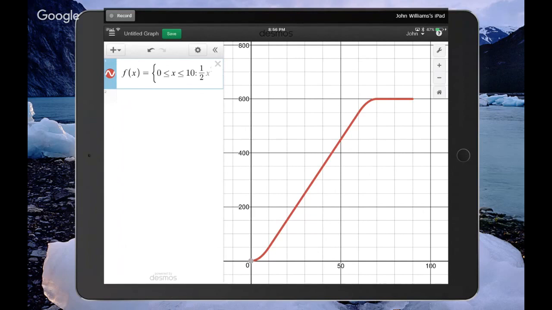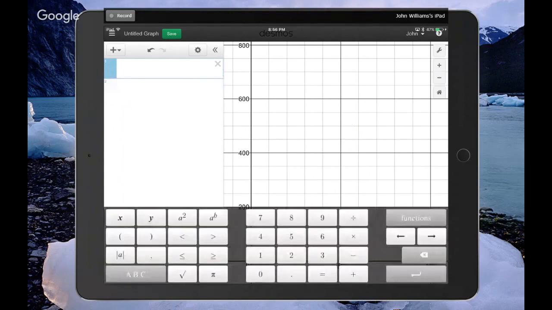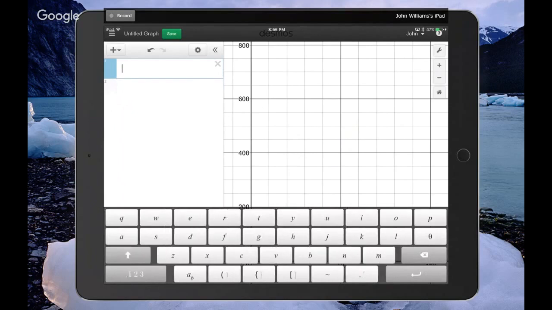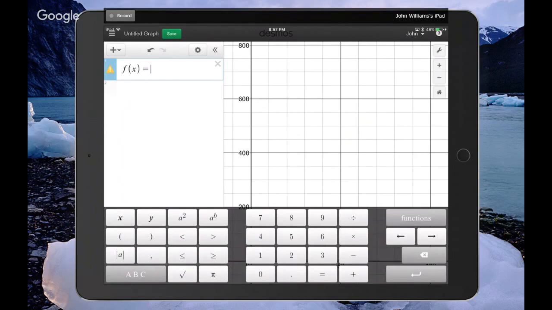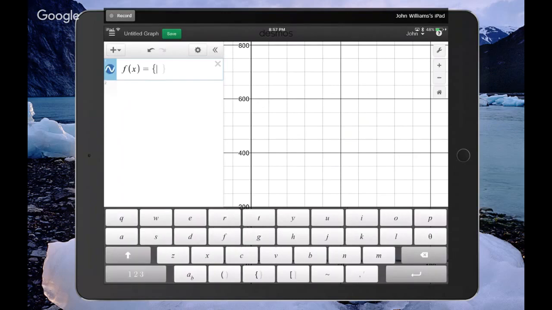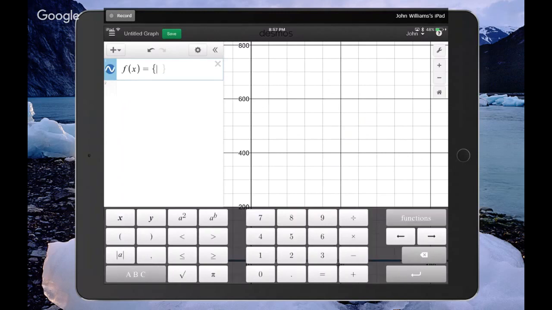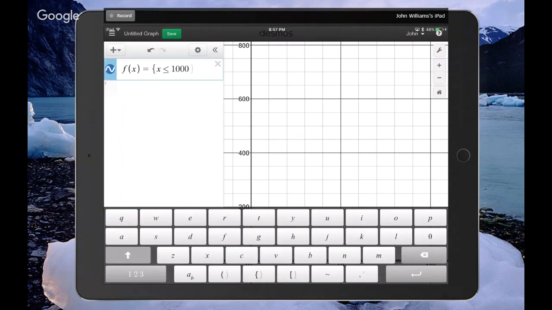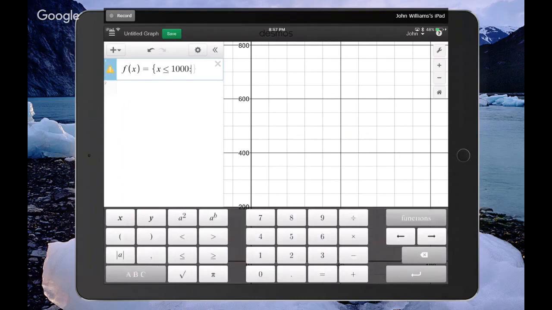So if I started with f of x equal to, let's see, we were on the interval. The first interval was x less than or equal to 1,000, and we were at 0.015x.